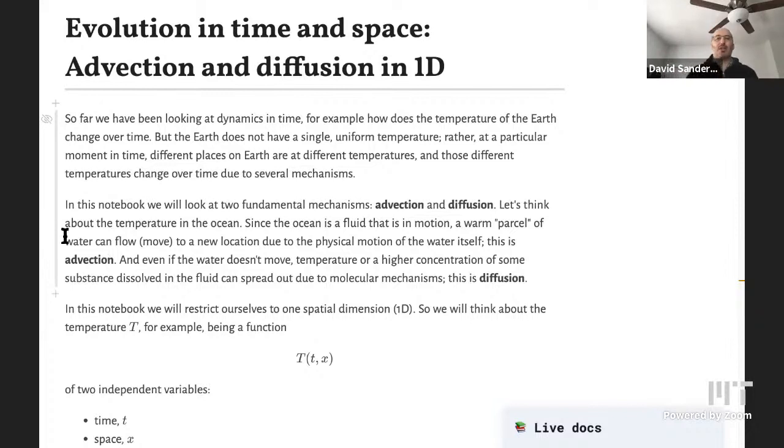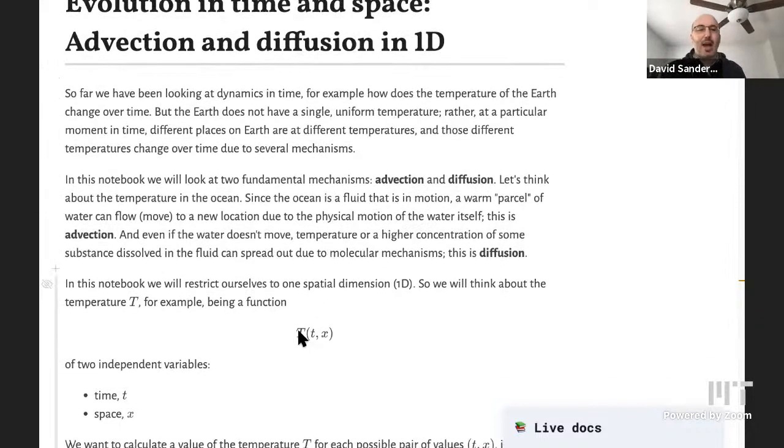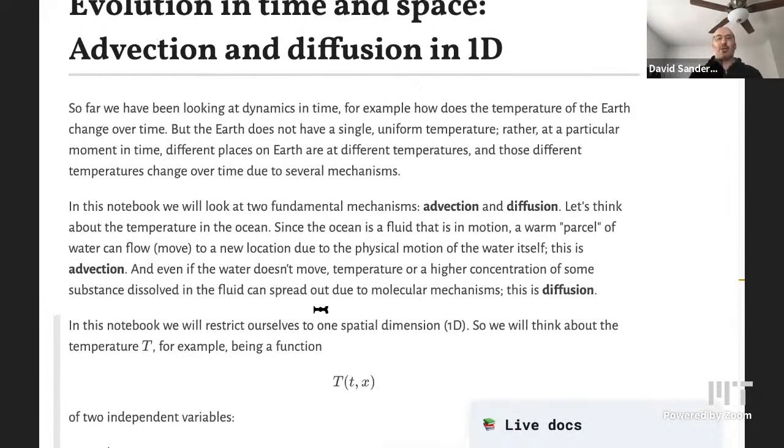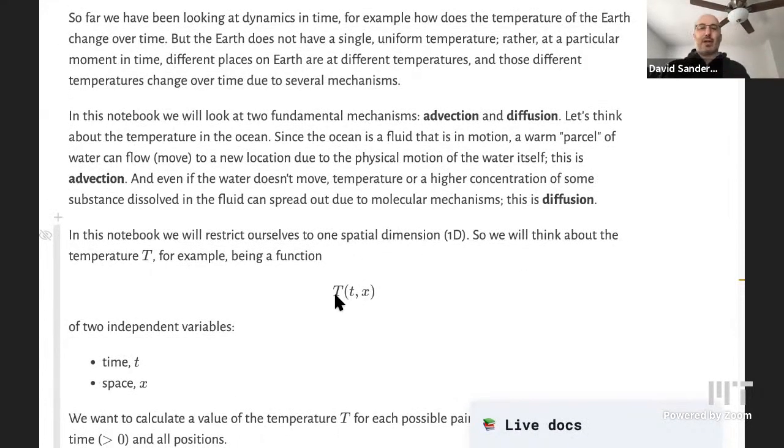The simplest possible way to do that is to have the temperature T depend on two independent variables: time t and now space, which we'll call x. In this lecture, you can just think of x as the latitude on the Earth, so everything depends on how far north or south you are.